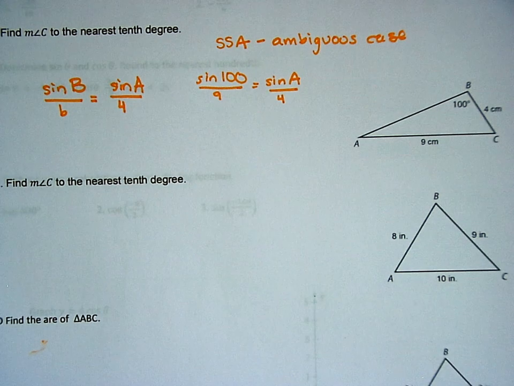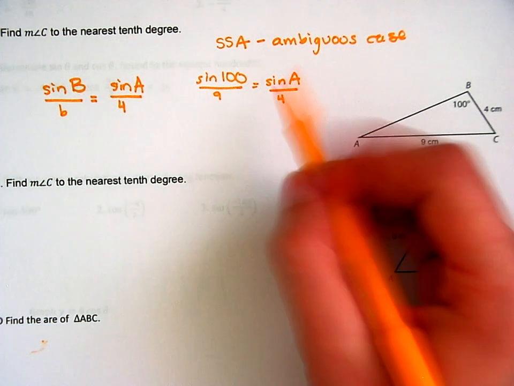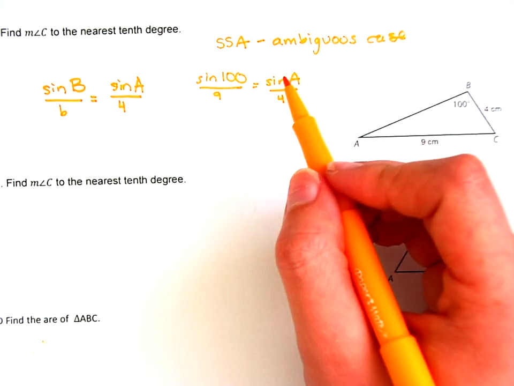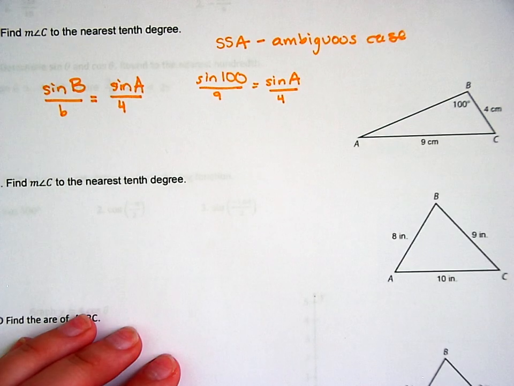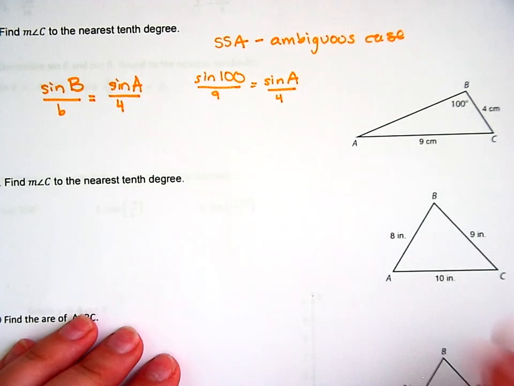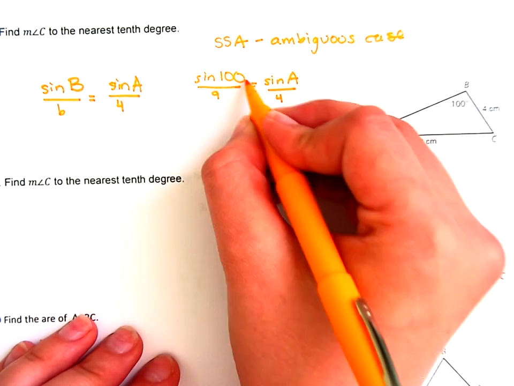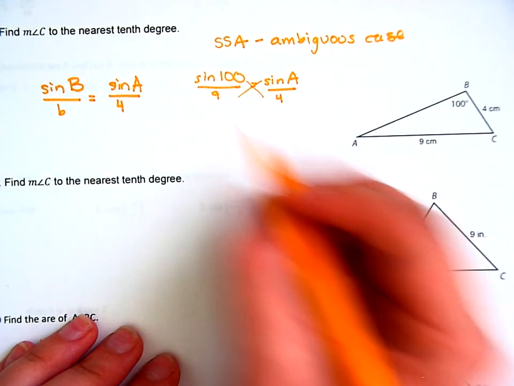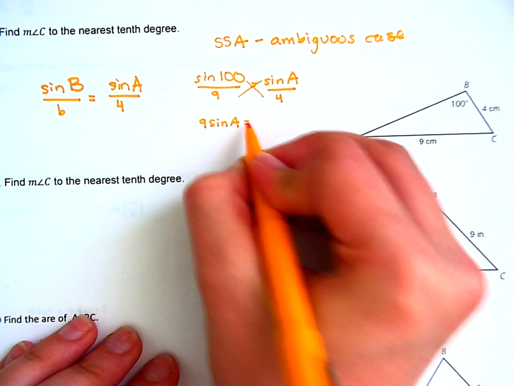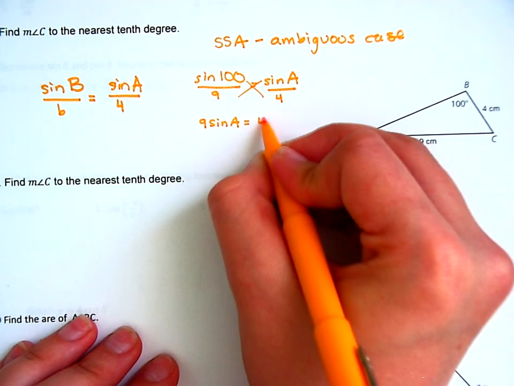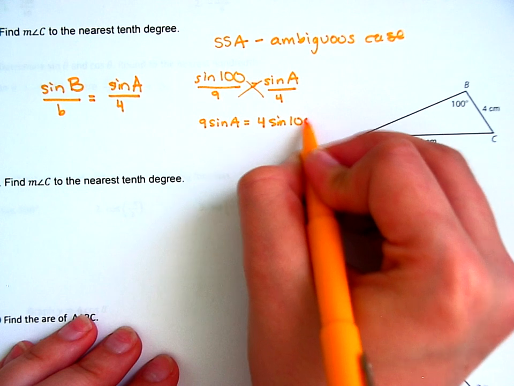And we have to isolate A. Now I have sine of A, so that means at the end of this we are going to be using sine inverse, and we will definitely need our calculator for that. So if I solve for A here, well, I'm going to first cross multiply. And I'm going to get 9 sine A equals, and then if I multiply these, 4 sine 100.